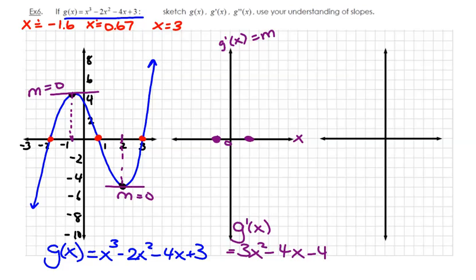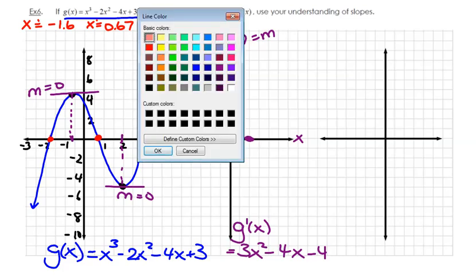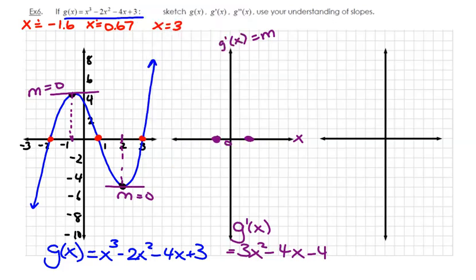Okay? Now let's take a look at the slopes all along the function. What color do I want to do this in? I'm going to do this in maybe pink to show positives and negatives. Okay, so let's use pink. Here is a positive slope, less positive, less positive, less positive, all the way to 0.